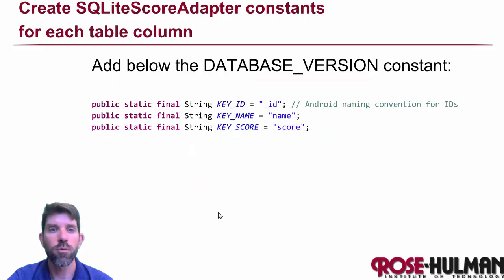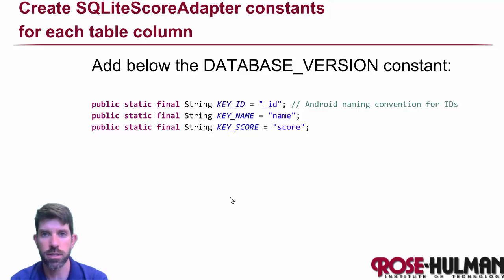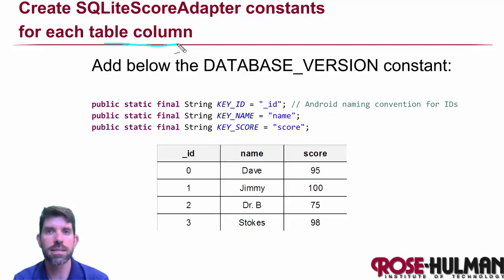All right. For it to work, we need to add in some more constants. So the first thing is that we have to figure out, well, what's going into our table, right? So we looked at a picture in an earlier lesson that said that essentially each row in the table needed to have an ID, and it needed to have the name of the person and then their score, right?